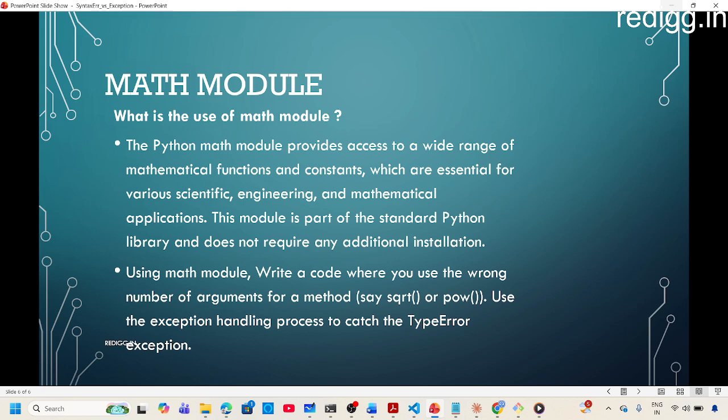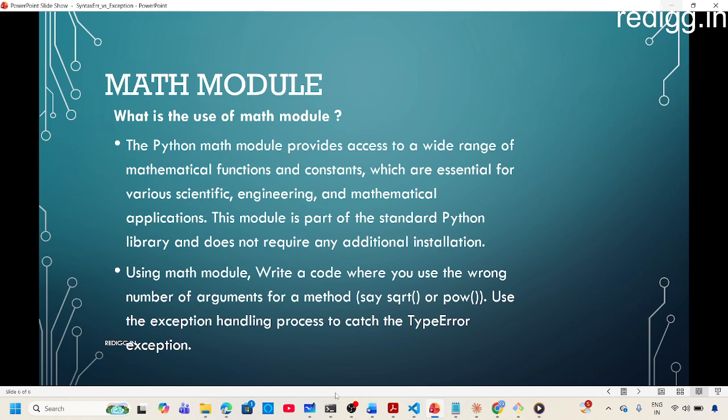It's shipped with the Python installation, so it's part of the standard Python library. Let's look at what it is, and also at what a TypeError exception is.